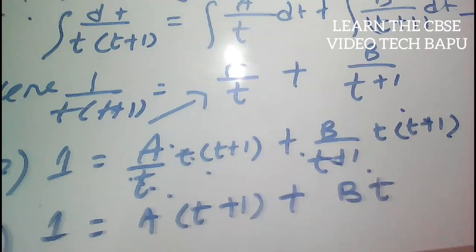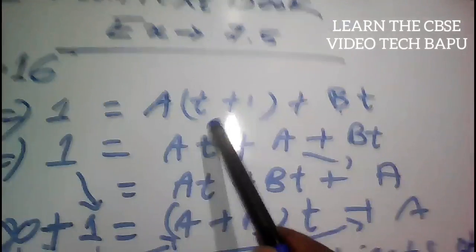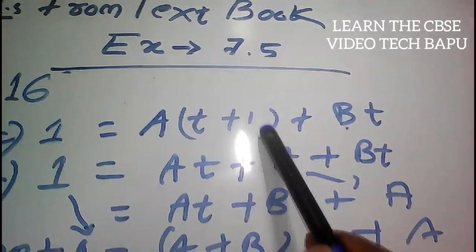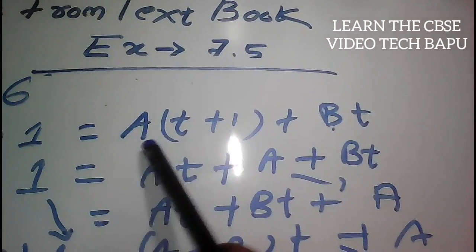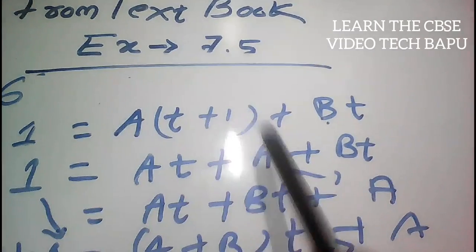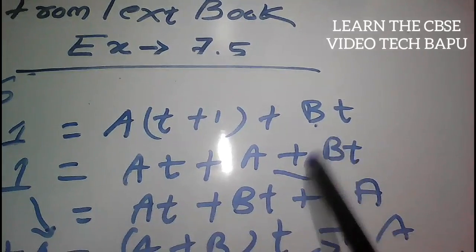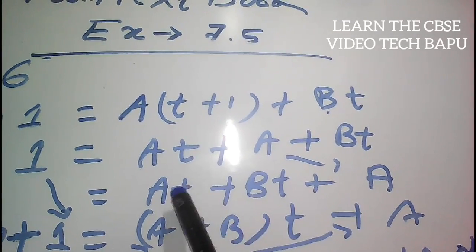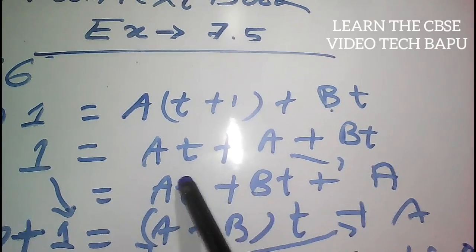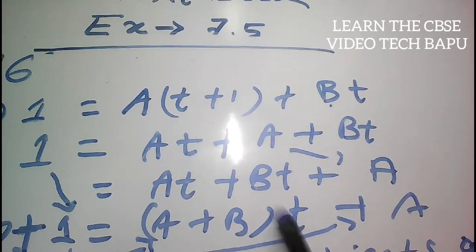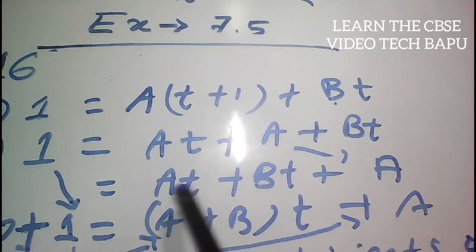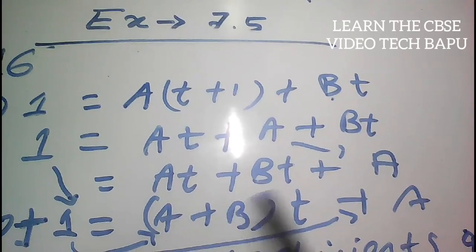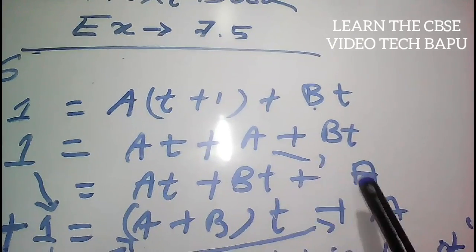Now expanding, a into t is at, a into 1 is a, and this is bt. Take this value to this side: at plus bt, and take t as common, so in the close bracket you get a plus b, into t, and this is a.